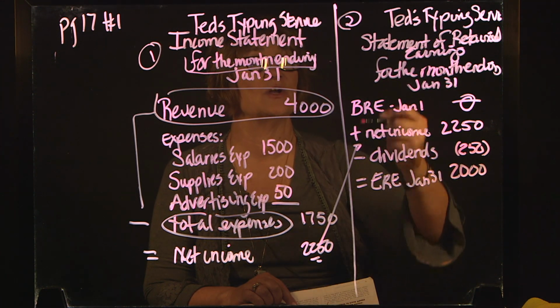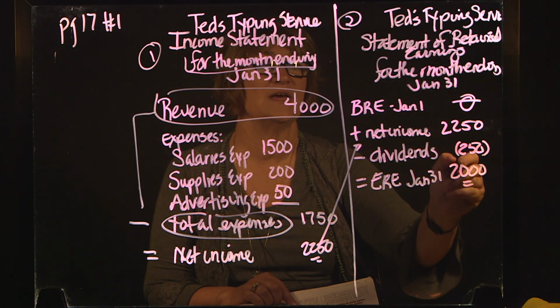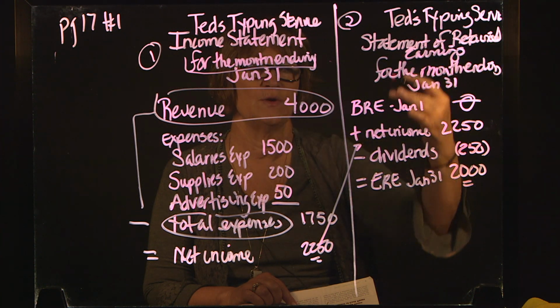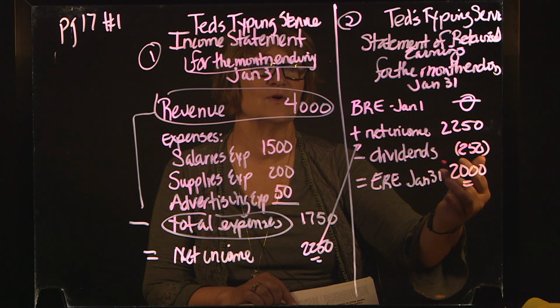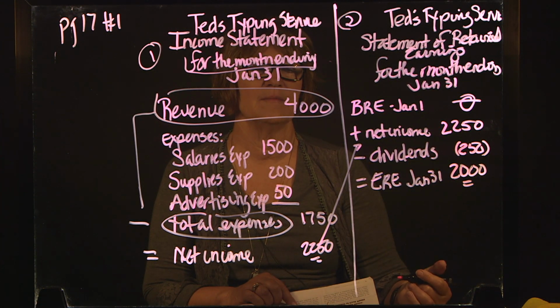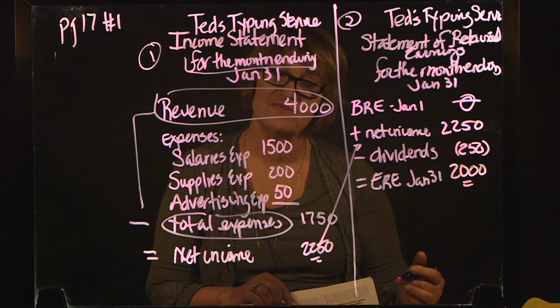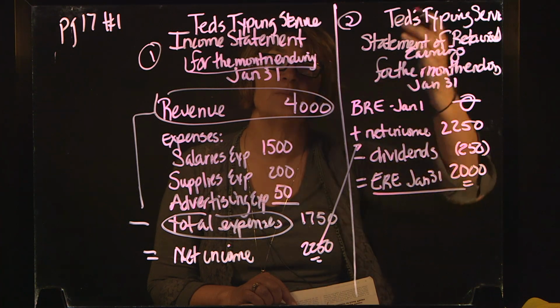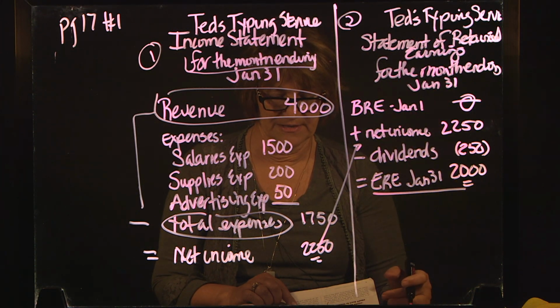Now, if I was going to do this statement for February, this then would become the beginning February balance, and then you'd come up with a new ending balance. So the beginning retained earnings plus net income minus your distribution of profits, which is what we call dividends, gives us ending retained earnings, and then that becomes the beginning for the next month, for the next period.